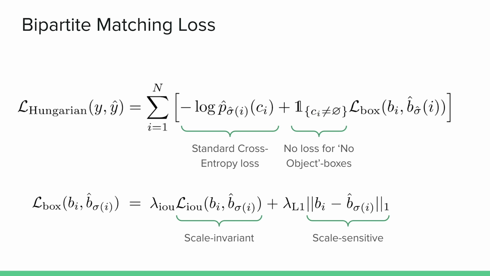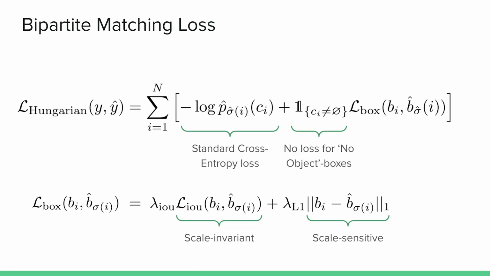And they have introduced additional hyperparameters here, lambda IOU and lambda L1. For their experiments they used 2 for the first lambda and 5 for the second one, but they also experimented with different values. So those are just 2 additional hyperparameters that we have to deal with when doing this sort of object detection with transformers. That's basically the bipartite matching loss.